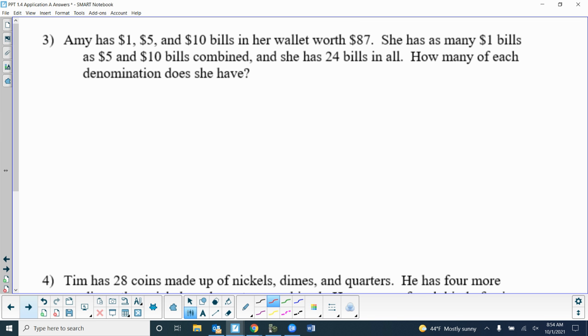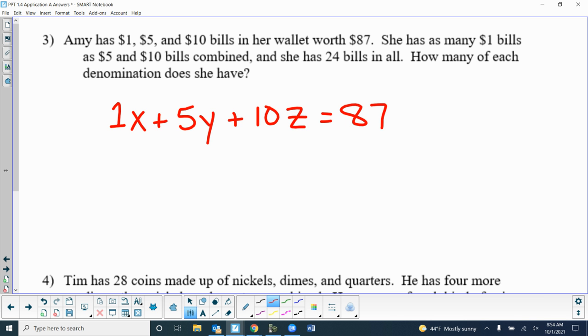All right. So we got 1s, 5s, and 10s now, right? So worth 87. So I'll just make it X, Y, and Z. So 1 for every $1 bill, plus $5 for every $5 bill, plus $10 for every $10 bill was the $87, right?